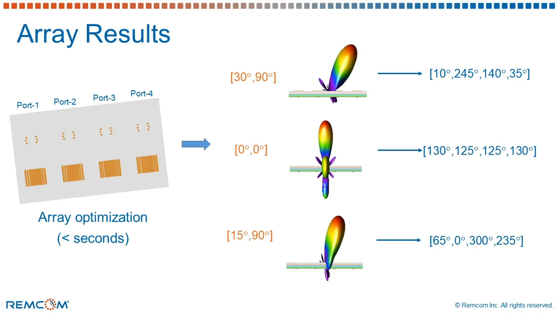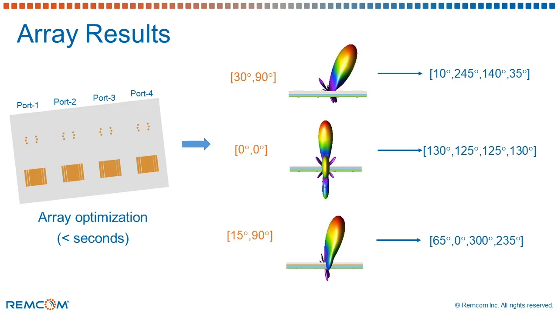Here we have the array optimization performed on the same antenna array with different input directions provided as the input to the post-processing tool. In the first case, we have a theta of 30 degrees and phi of 90 degrees provided as the input, to which we obtain a directional pattern, along with which the port phases of individual ports are available as the output, which can be accessed through the results part of the software.